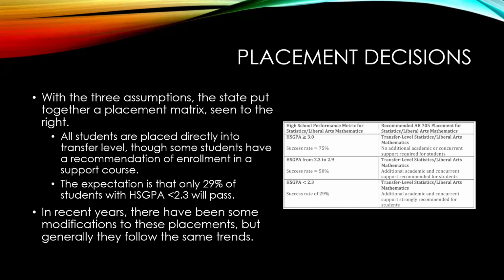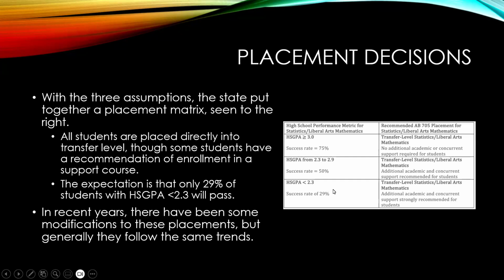This is showing how students should be placed based on their high school GPA. And so all students are placed directly into transfer level, though some students have a recommendation of enrollment in a support class. The expectation is that only 29% of students with high school GPA less than 2.3 will pass.